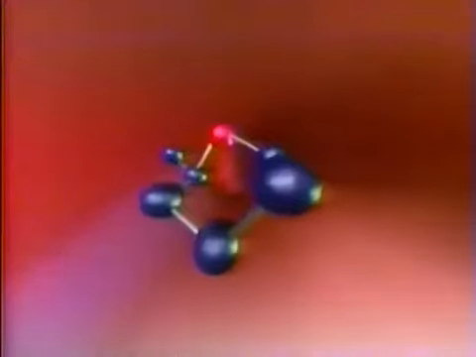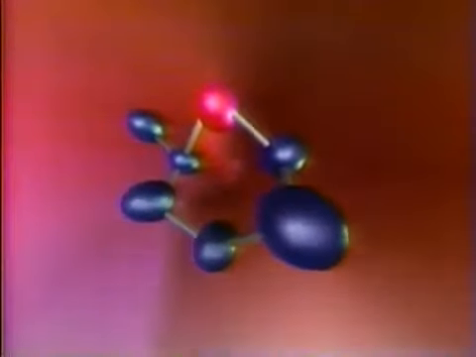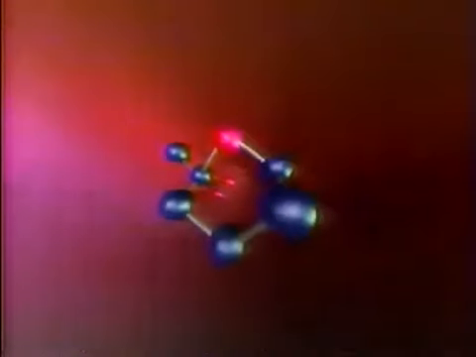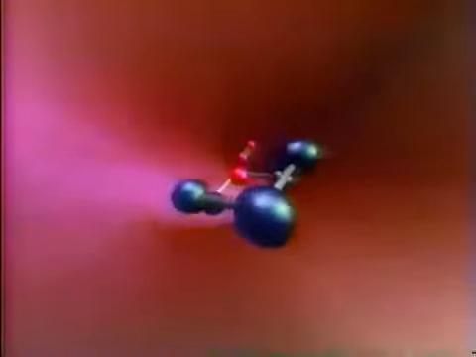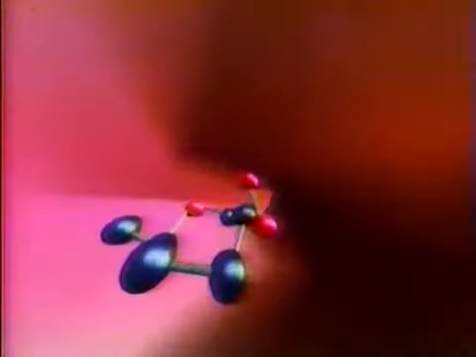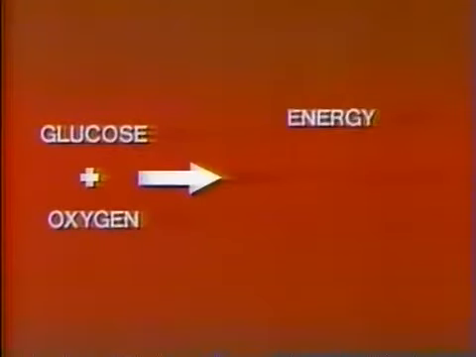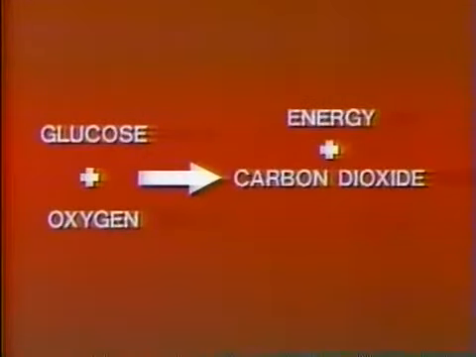Today, we take glucose obtained from the intestine together with oxygen from the lungs and transport them via the circulatory system to the cells. Once inside the cell, glucose and oxygen react to release energy, carbon dioxide, and water.